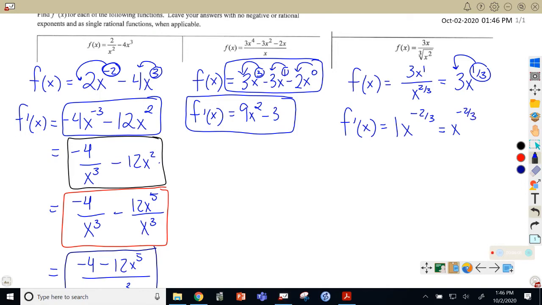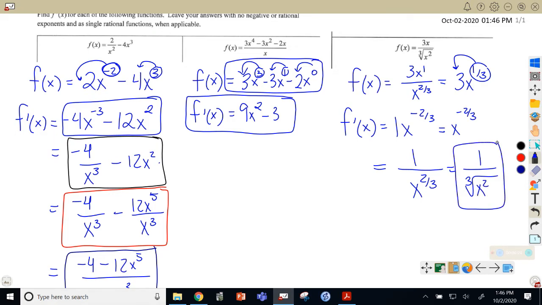If we rewrite that, that's the same as 1 over x to the 2/3, which, if you remember your properties of exponents, is the same thing as 1 over the cube root of x squared. So this is correct, this is correct, this is correct. Those are three possible different ways to write that answer.